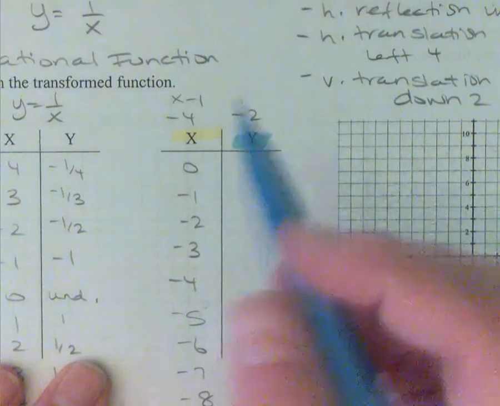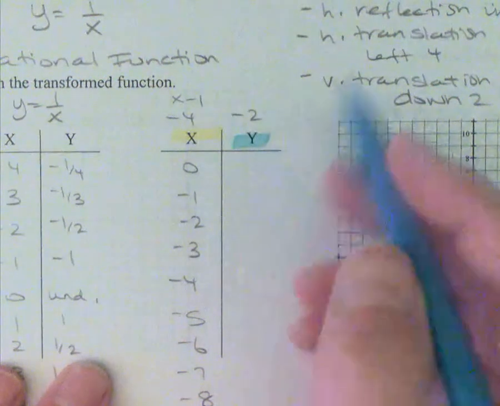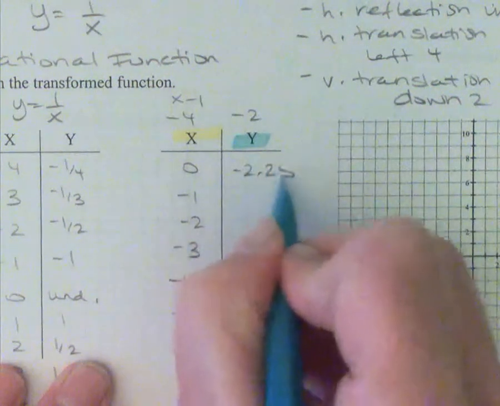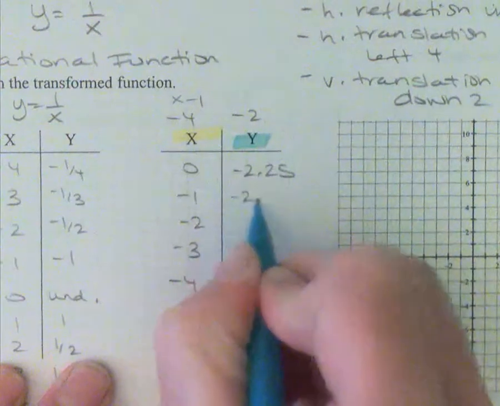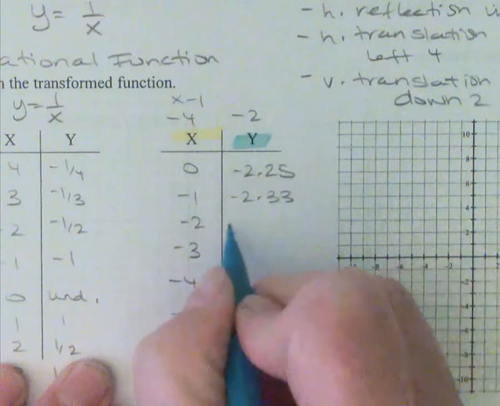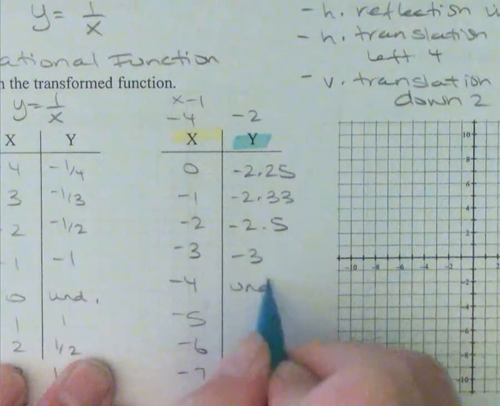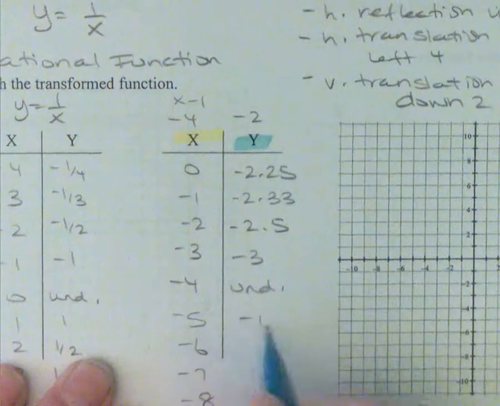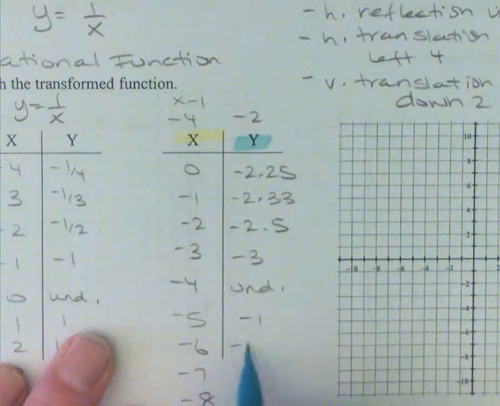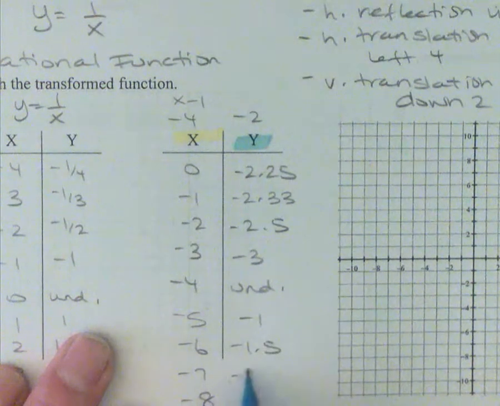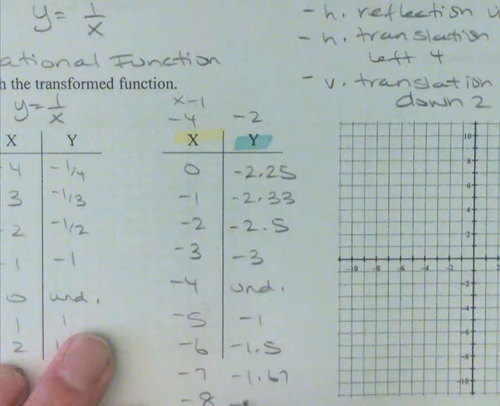In the y column, we're going to subtract 2 from everything. So I'm going to get minus 2.25, minus 2.33, minus 2.5, minus 3. This again will be undefined.